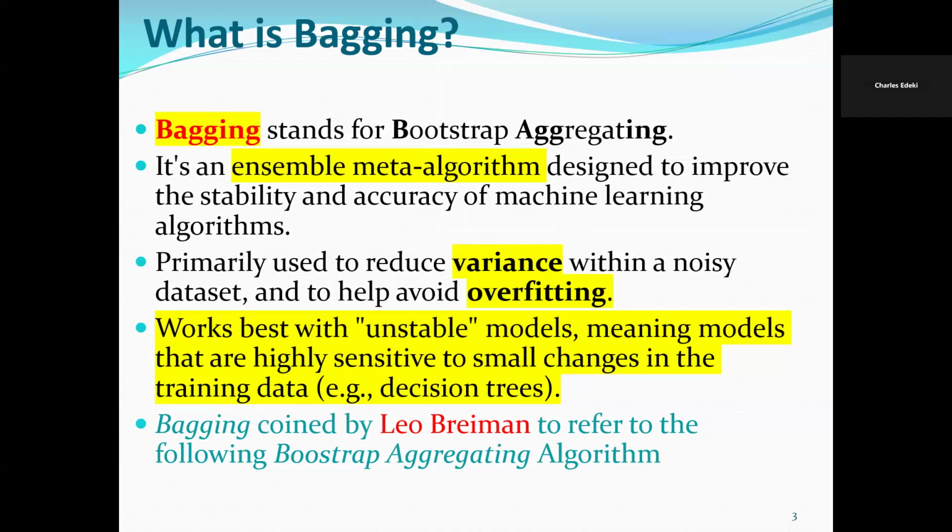Reducing overfitting means it can help to generalize better to unseen data. Also, stability can be increased. In this case, the model is less sensitive to the specific training data or initial conditions.